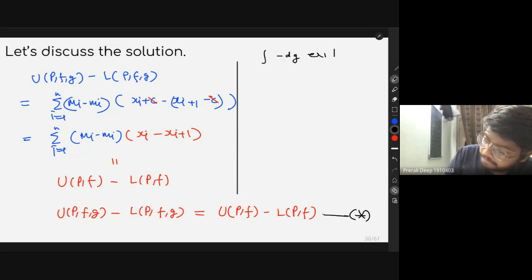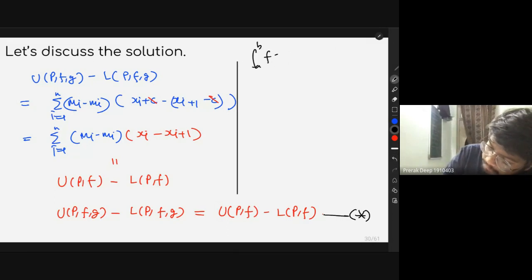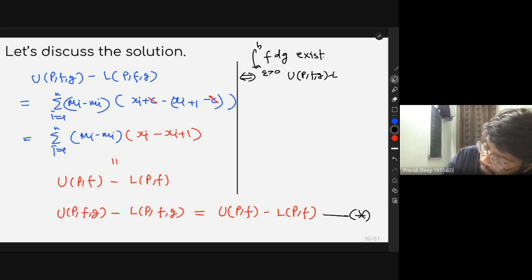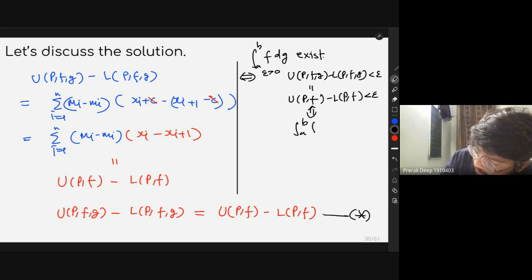That means for a given epsilon, the left hand side is bounded by epsilon, which is the same as saying that the right hand side is bounded by epsilon, which means the Riemann integral exists.